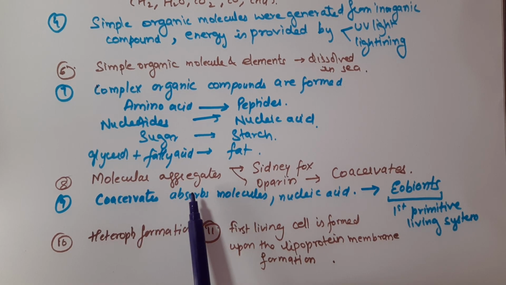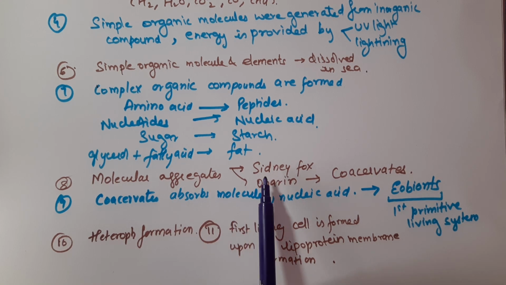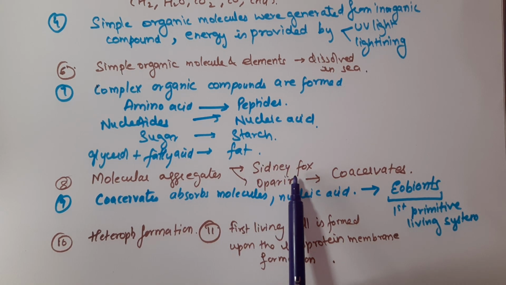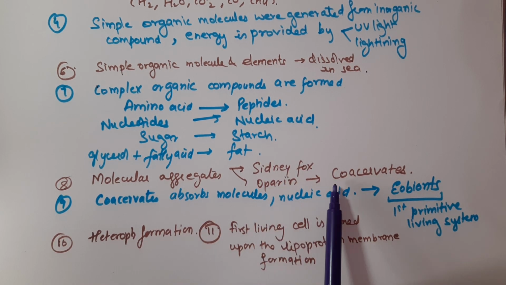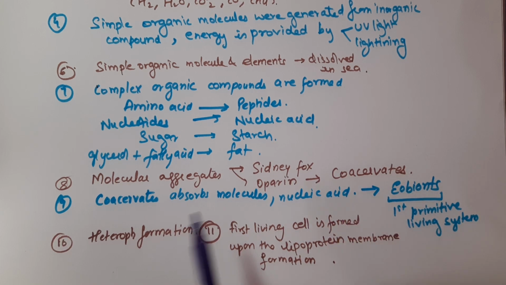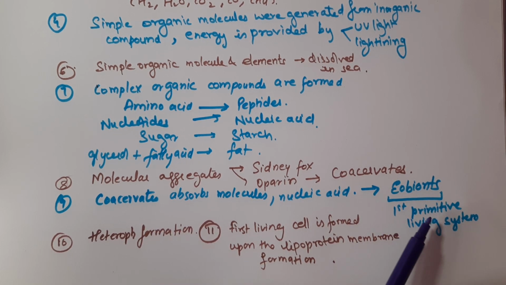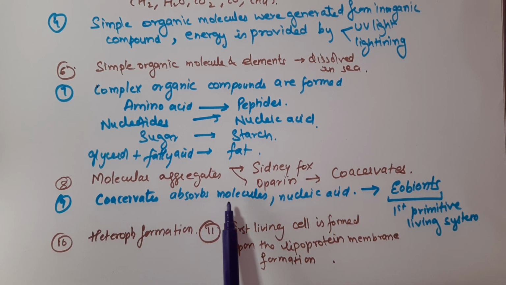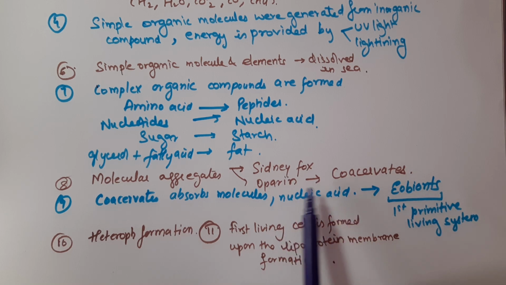Then the molecular aggregates were formed. This molecular aggregate formation was supported by Sydney Fox, and Oparin termed it coacervates. The coacervates give rise to the first primitive living system, the eubionts, by absorbing the molecules around them, and the nucleic acid takes the central charge.